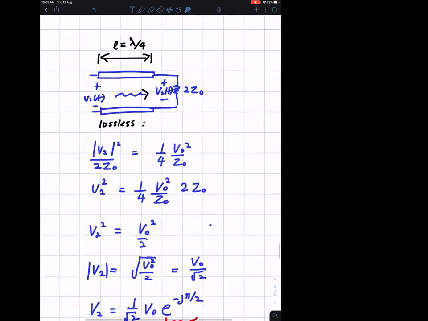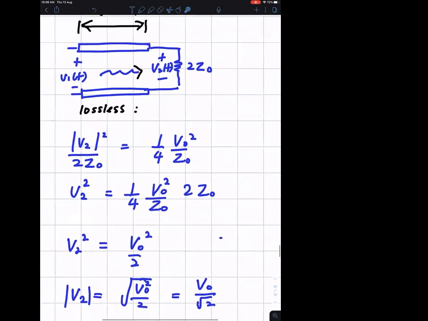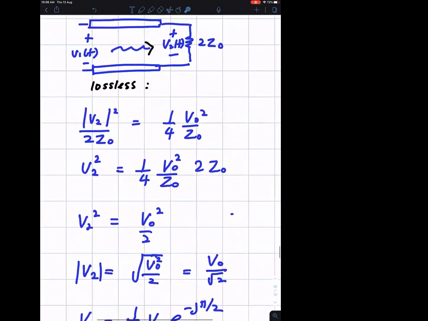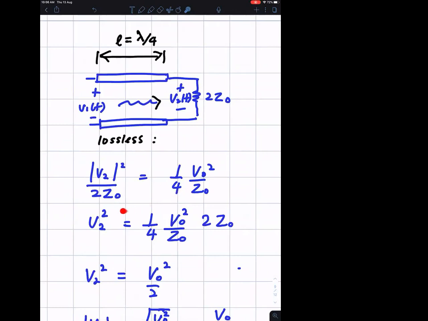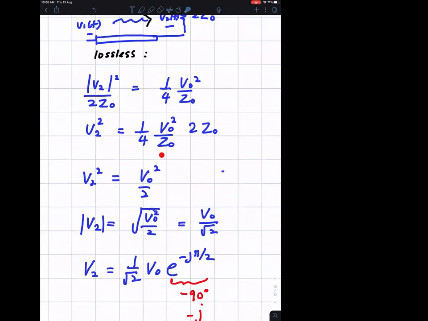Since this is lossless, the power at the beginning of the transmission line is the same power at the end of the transmission line. So we equate the power at the input and output, and solve for V2 squared, the voltage at the output. When you solve it, you will end up getting V0 over square root of 2.